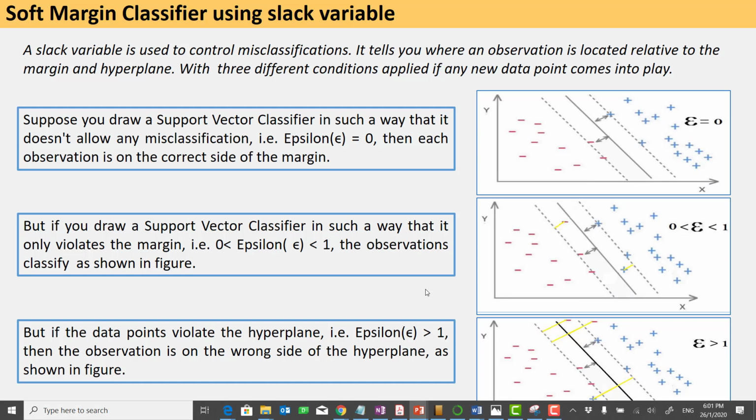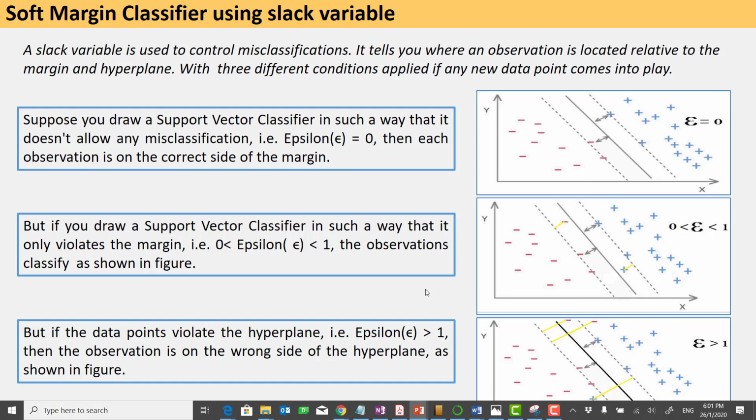If epsilon is between 0 and 1, then you are allowing, as you can see in the picture on the right side, the plus to cross the boundary line, but it did not cross the hyperplane. It just crossed the boundary line, but it still suggests that this is the optimal hyperplane.